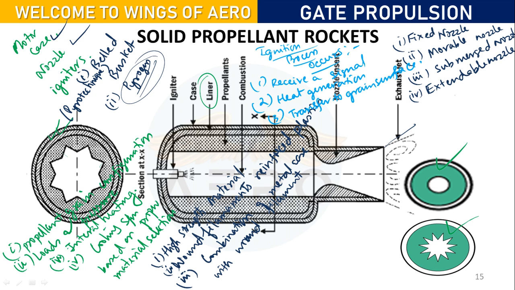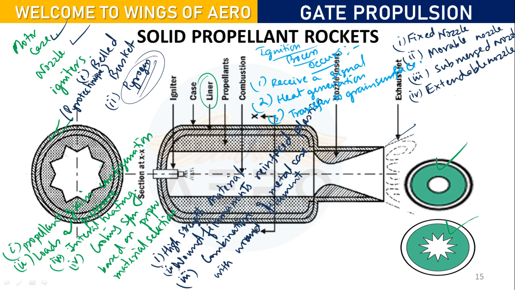Once the heat reaches the grain surface, the surface starts to burn. Once it starts to burn, it is like an agarbatti. Once it starts to ignite, you cannot stop. It has to completely fulfill the burning process.